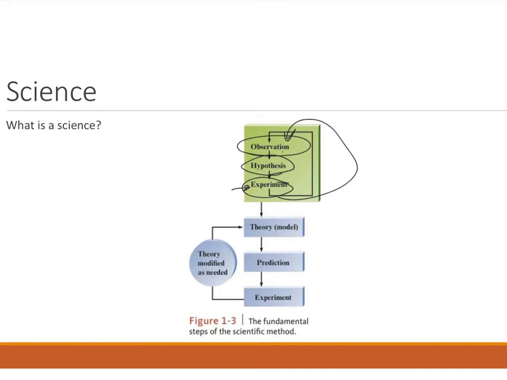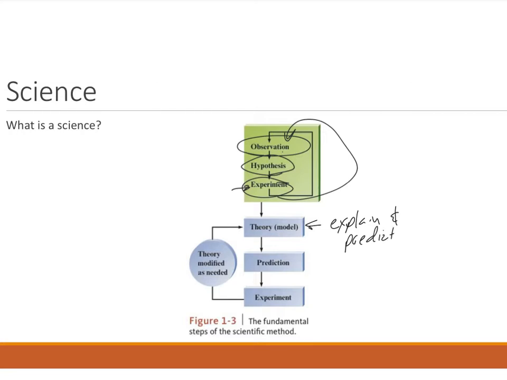A lot of times teachers will tell you that if you continually test your hypothesis, eventually you'll end up with a theory. Well, that's not exactly true. A theory is actually a model that comes from several different experiments. The theory attempts to explain and predict behavior.